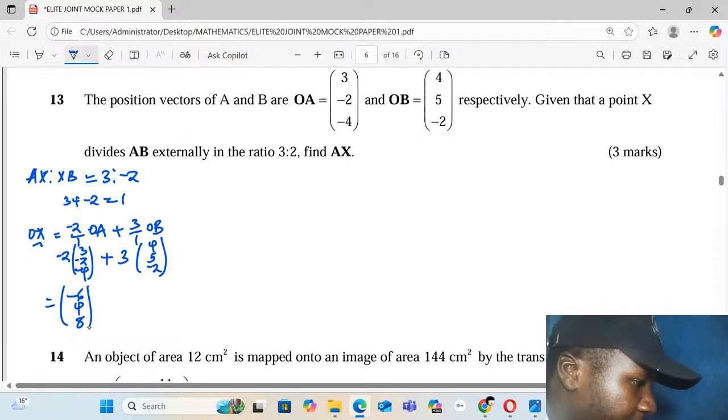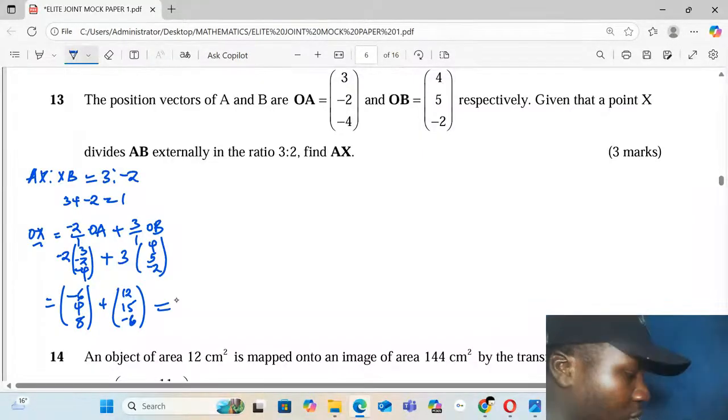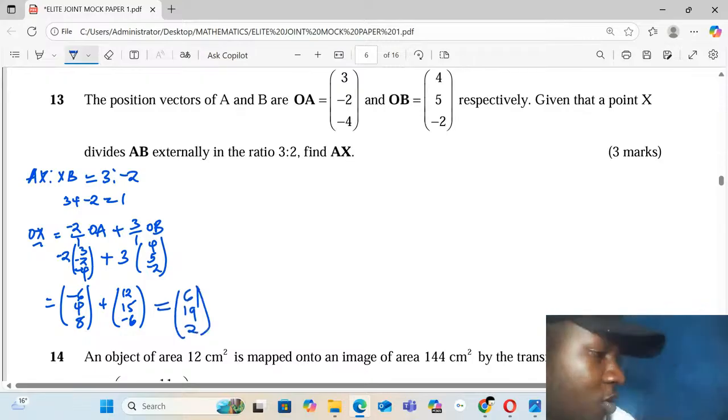We know how to multiply vectors. Then plus (12, 15, -6). When you add the two, you get (6, 19, 2).